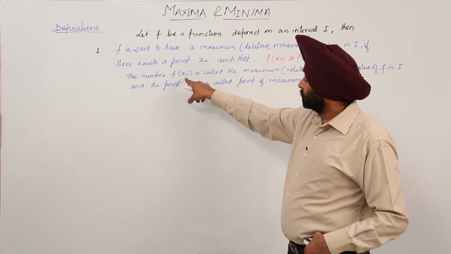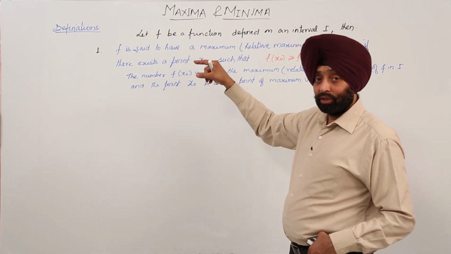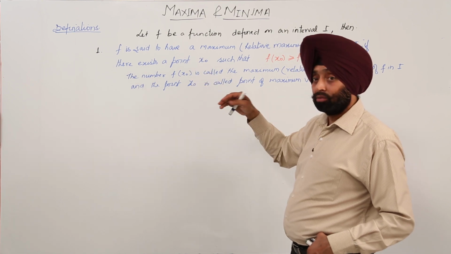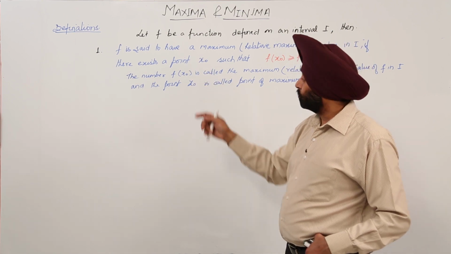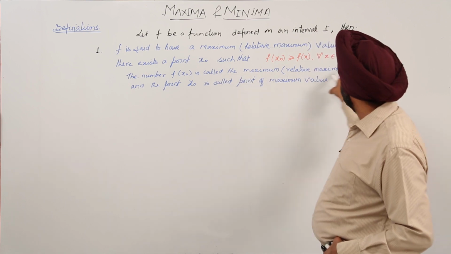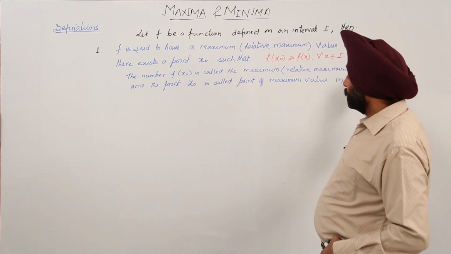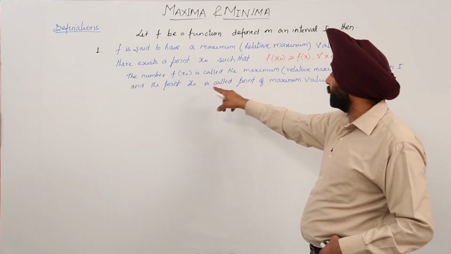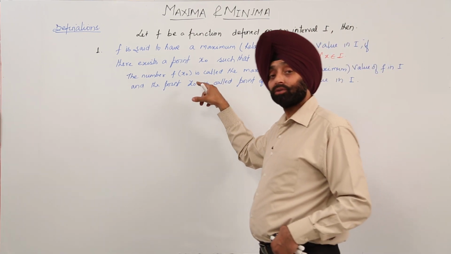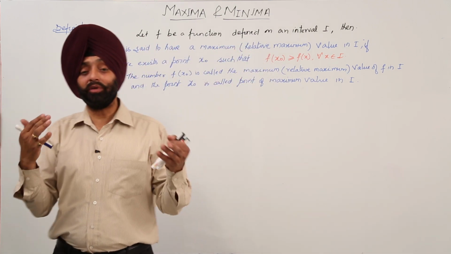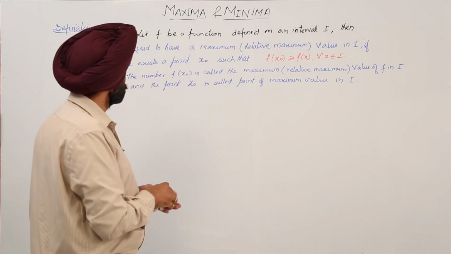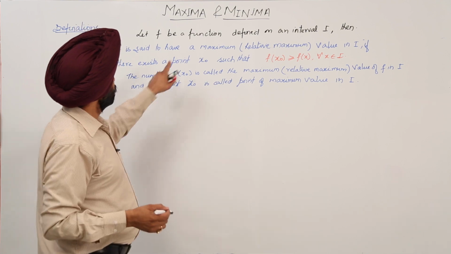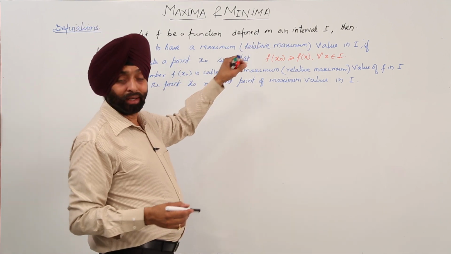Suppose we get the maximum value. So f(2) is called the maximum value, and the maximum value is at the point 2, that is called x0. Okay, so this is basically the benefit. Now this was for maximum or relative maximum.